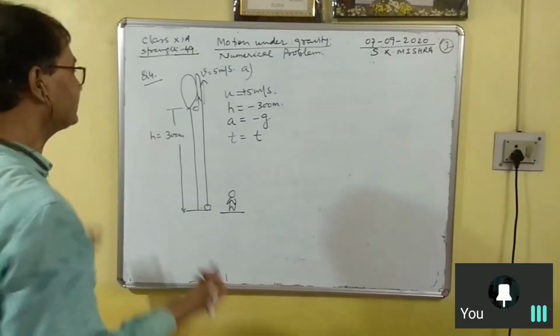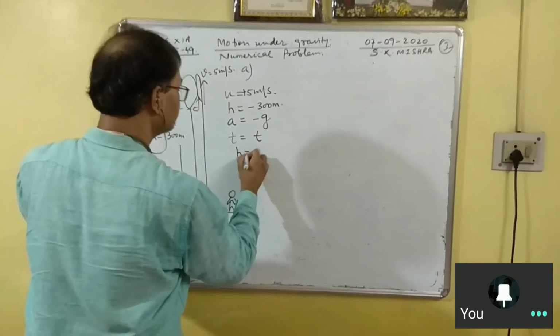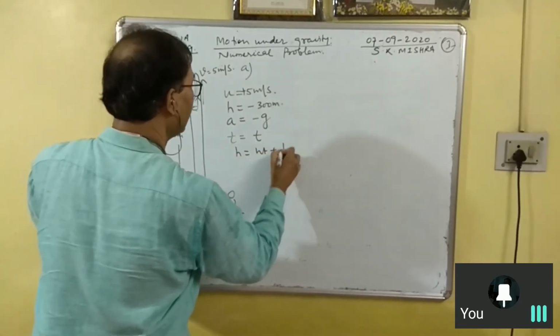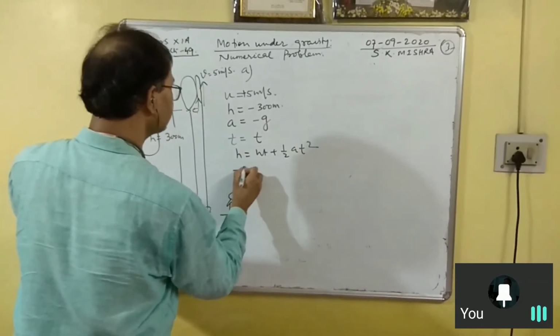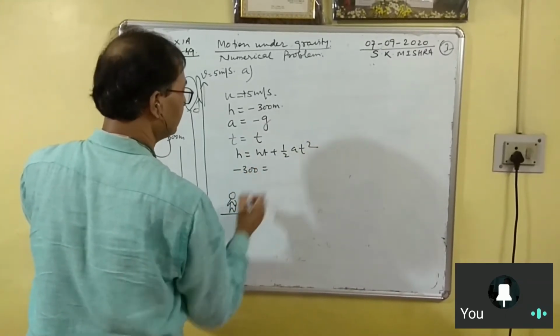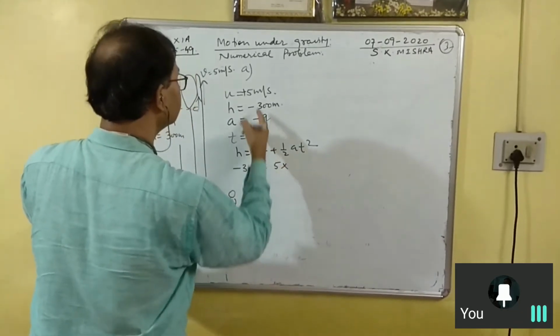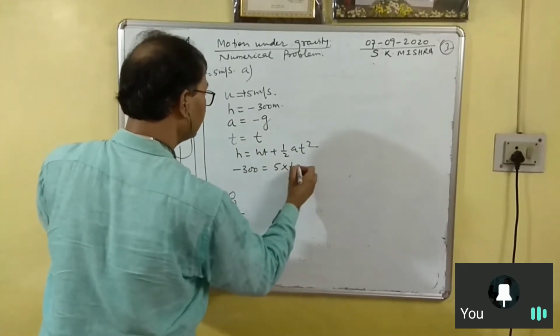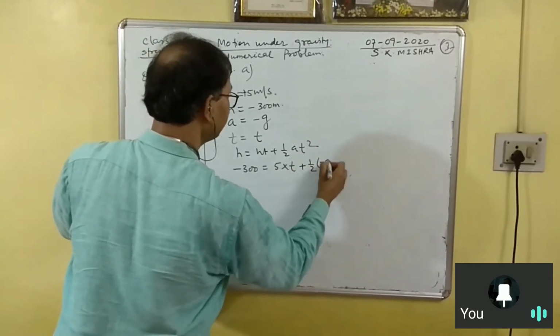So then the very simple relation is h is equal to ut plus half at square, or gt square, we will convert it. Put h is equal to minus 300 meter, then u is plus 5, then t, plus half a, which is minus g, into t square.